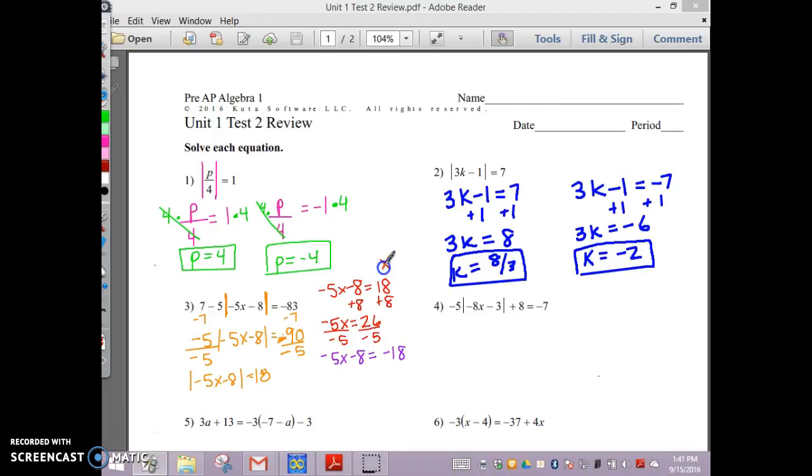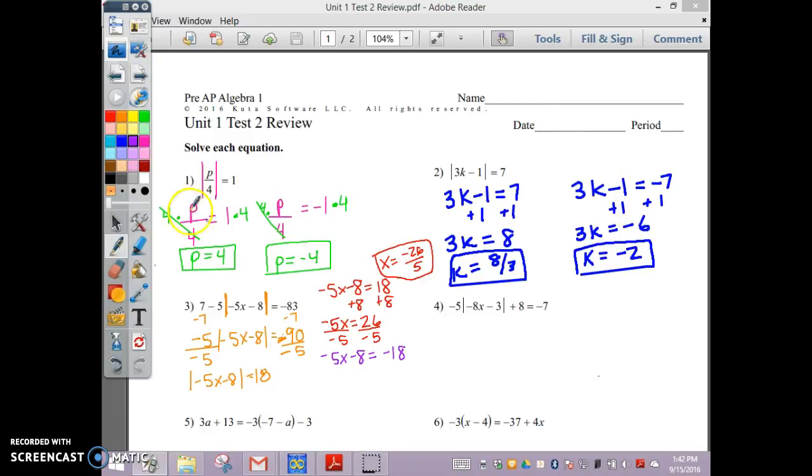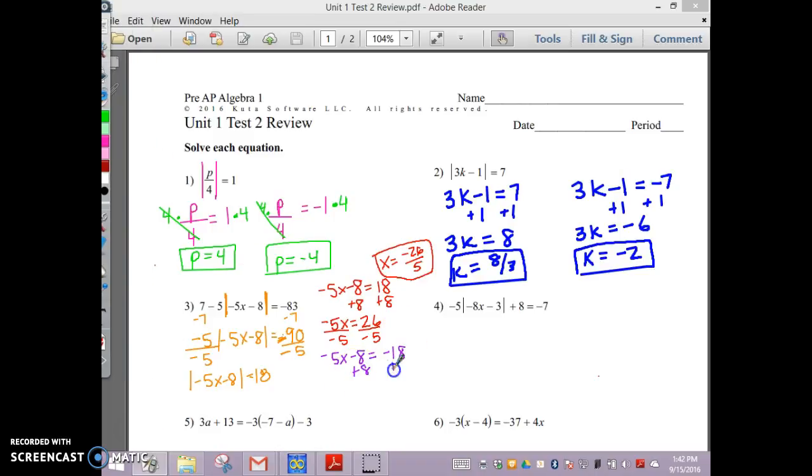So one of my solutions is -26/5. I'm also going to add 8 on both sides here, but this is going to leave me with -5x is equal to -10. So when I divide both sides by -5, this solution gives me a 2.